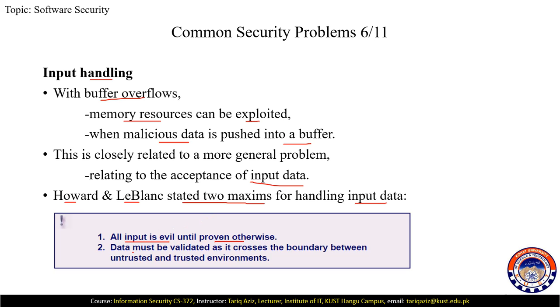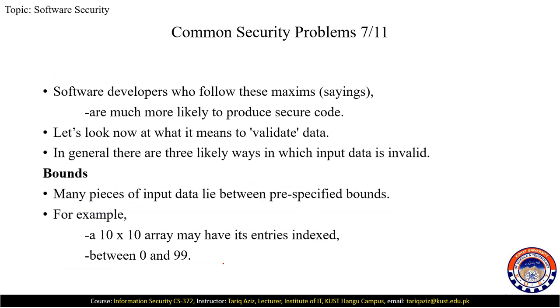And the second saying is that data must be validated as it crosses the boundary between untrusted and trusted environments. Now, on the next slide, it says that those software developers who follow these two sayings are much more likely to produce secure code.